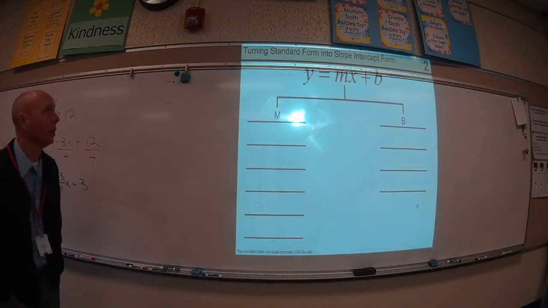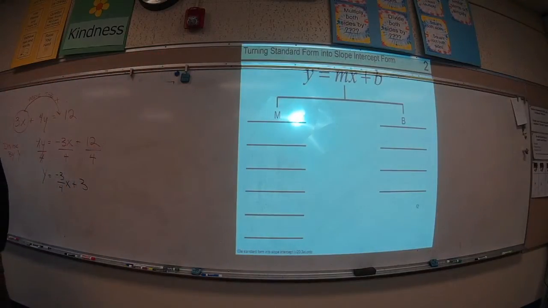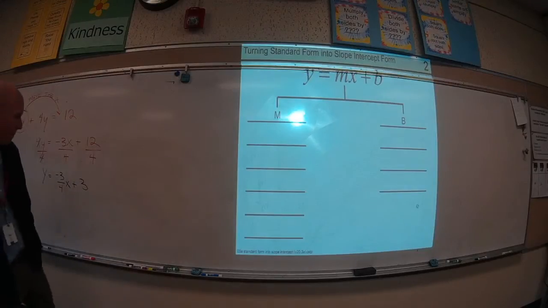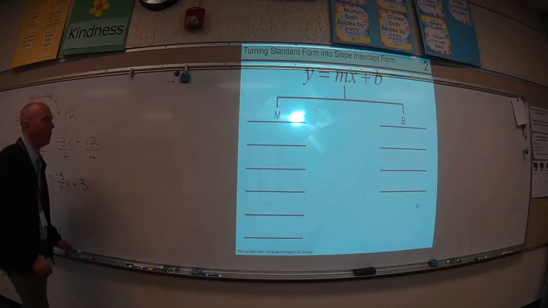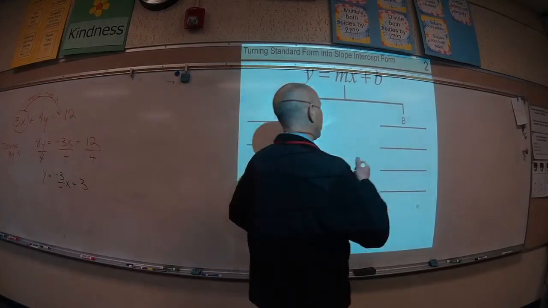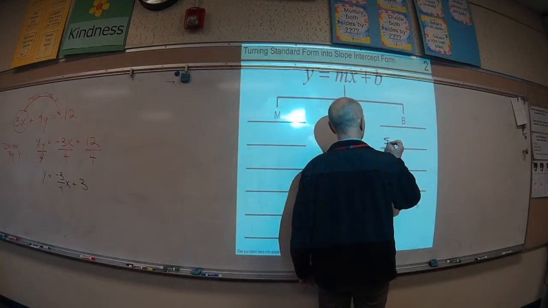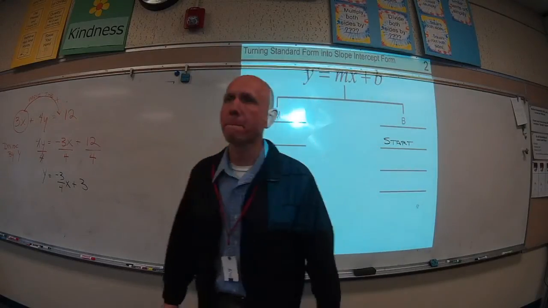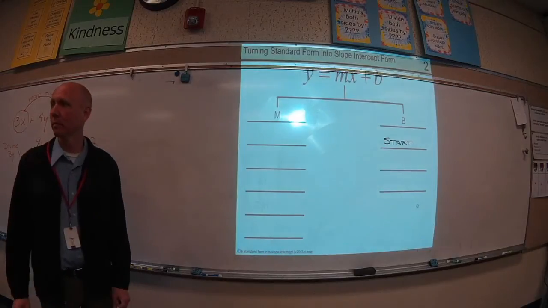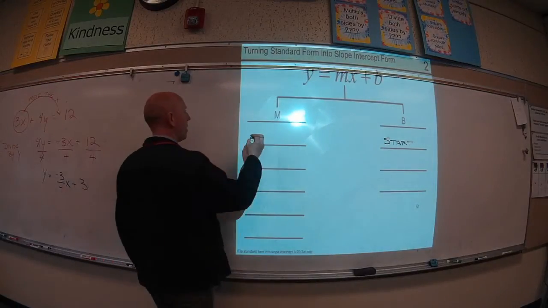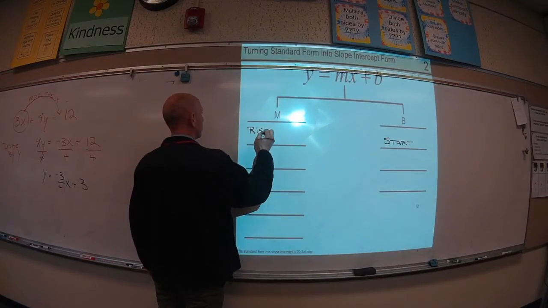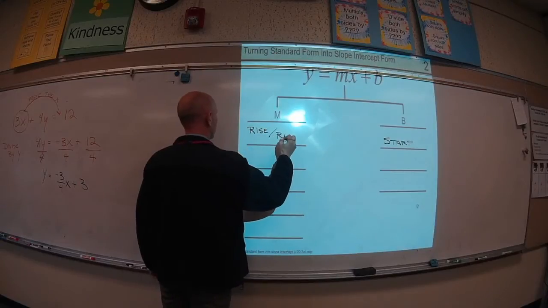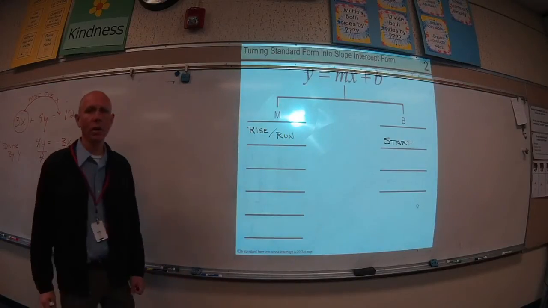All right. Let's start filling in this thinking map. What do you know? B is the beginning. Okay, I'm going to call it the start. Brooke? M is rise over run. Mark?